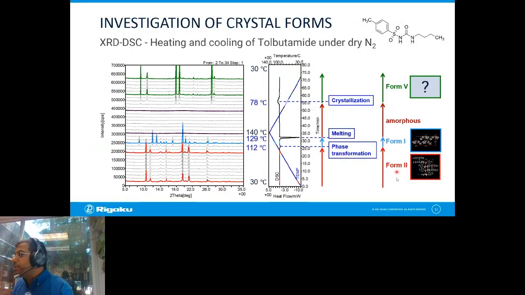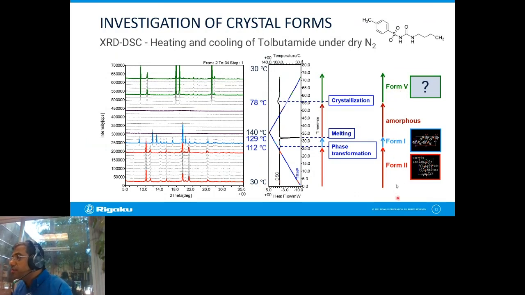Form 1 goes through a phase transformation, as indicated by this endothermic reaction around 112, and then it goes to melting at around 129 degrees centigrade, stays in that state, and then an exothermic reaction indicates crystallization again to an unknown form. So form 2, form 1, amorphous, and form 4.